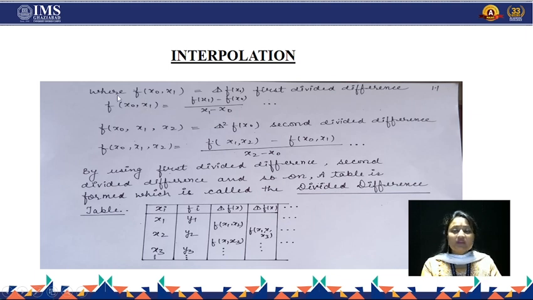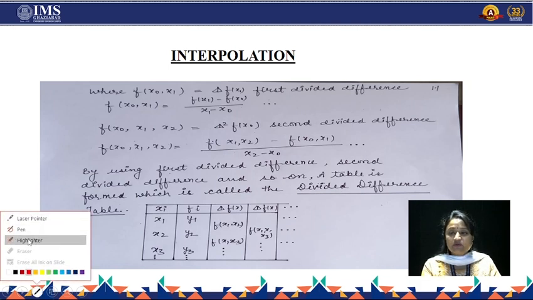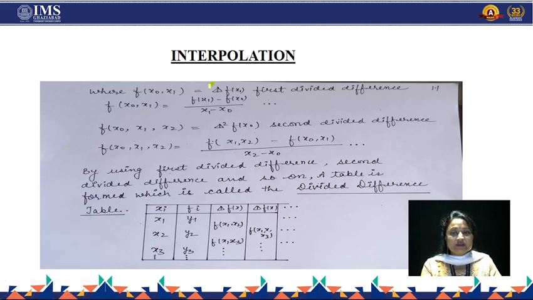Here, as we discussed in the last slide, f(x0, x1) is equal to this. This is basically the sign of the difference operator. I am going to highlight it so that you can easily understand. Yes, this part is known as the operator used for divided difference.